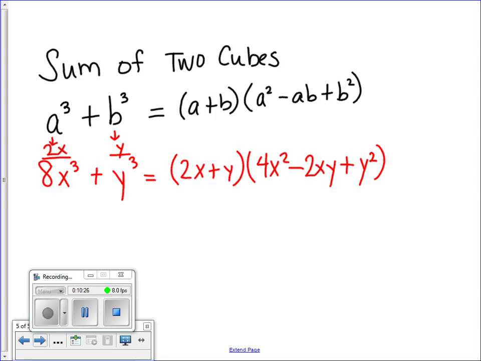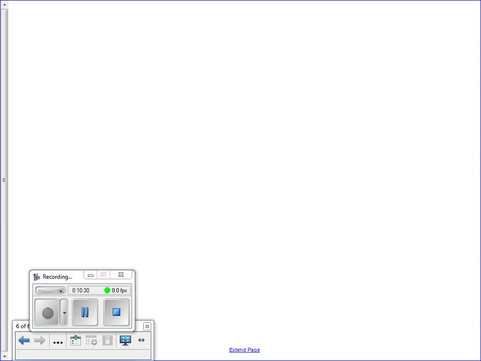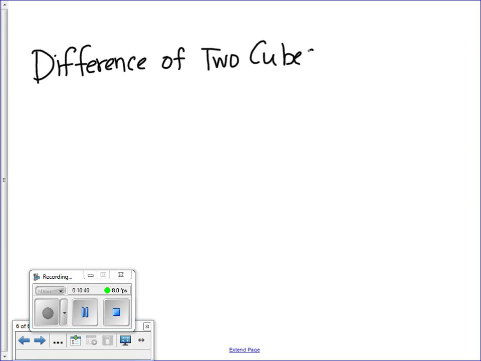You have that one written? Yes? Okay, let's look at the difference of two cubes. What's the difference here?